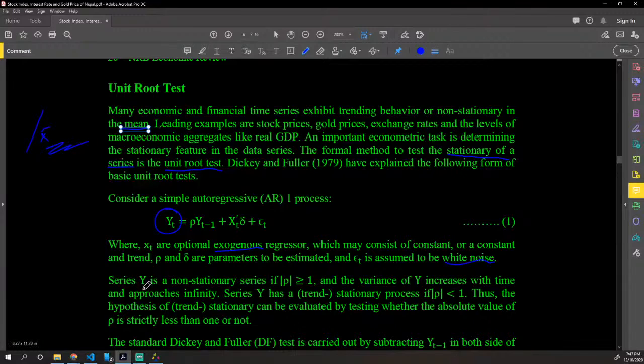So the series y is non-stationary if the modulus of rho is greater than 1, and rho could be negative as well.